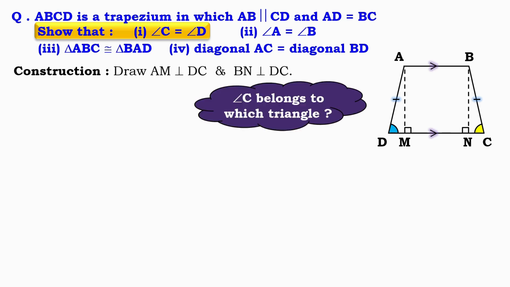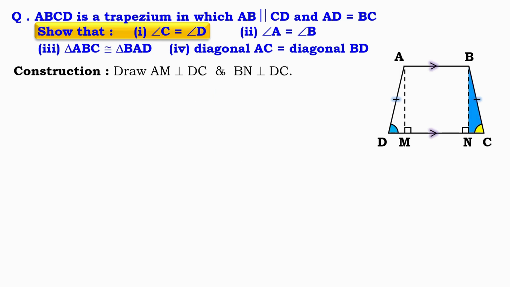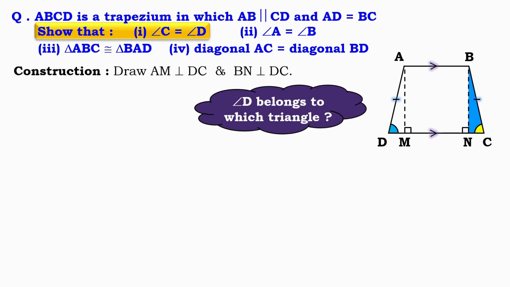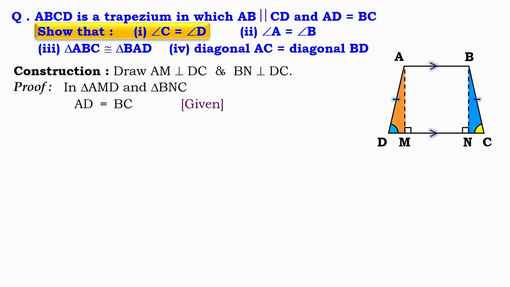Okay. Now, angle C belongs to which triangle? Angle C belongs to triangle BNC, correct? And angle D belongs to which triangle? That is triangle AMD.